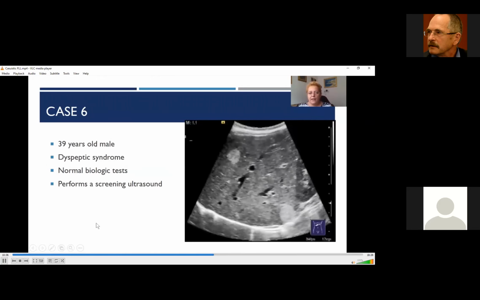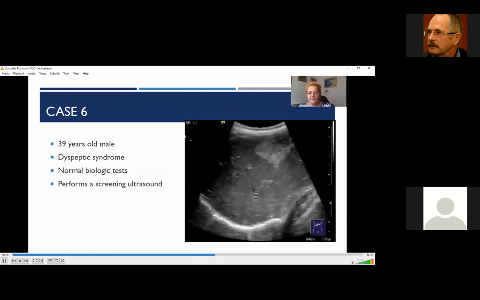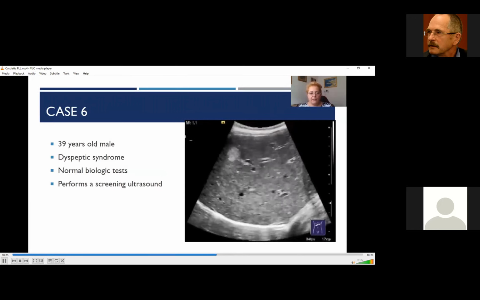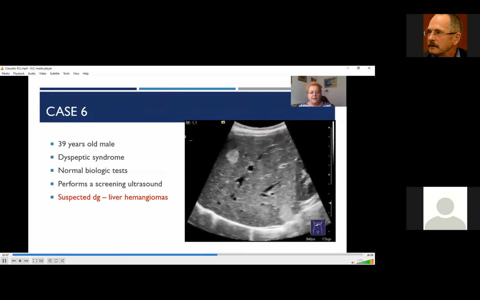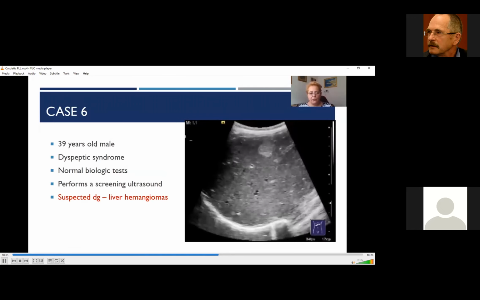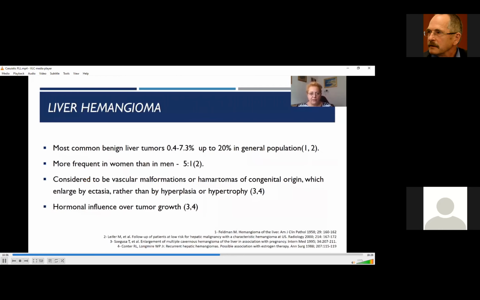All of them are hyperechoic, well delineated. Their size is smaller than 3 centimeters. Based on the ultrasound aspect, we suspected a diagnosis of liver hemangioma, which was confirmed by contrast-enhanced ultrasound.